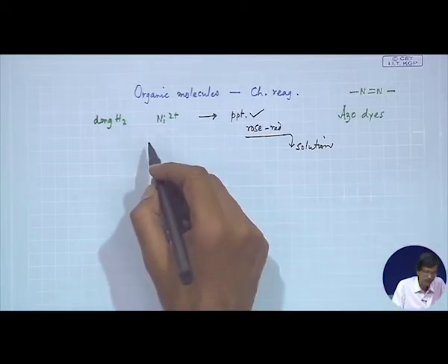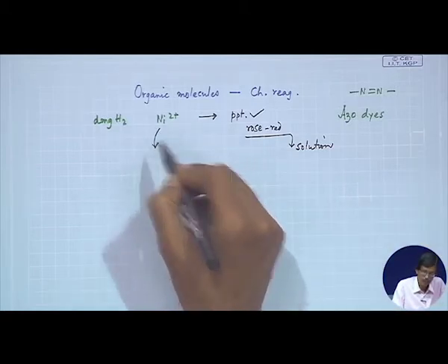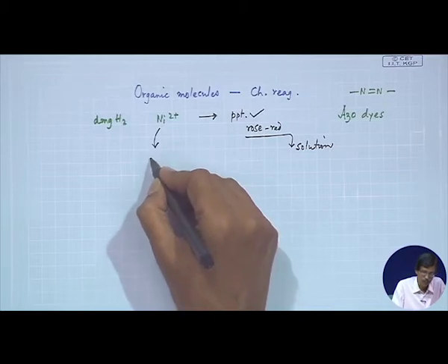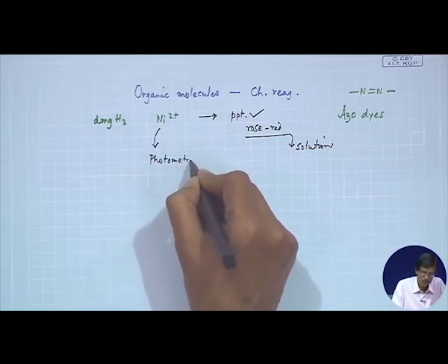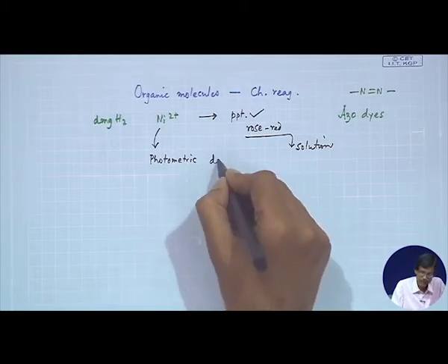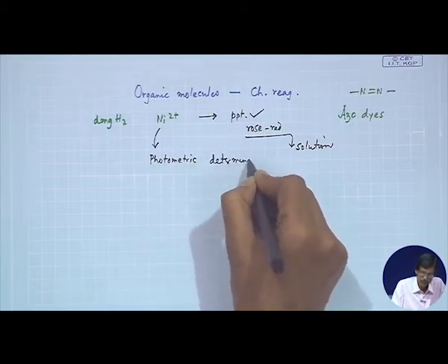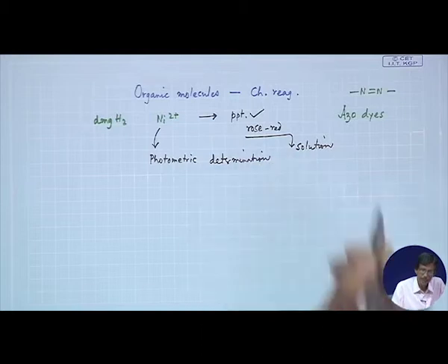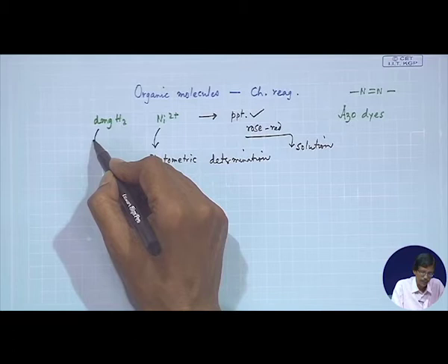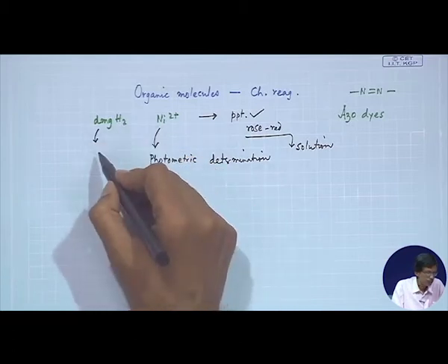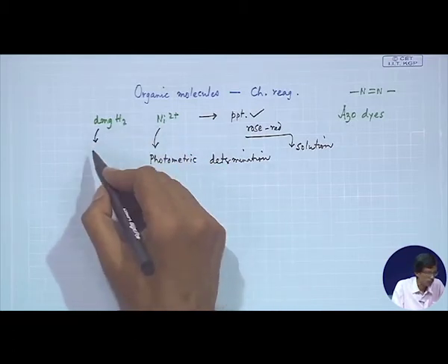So, when we get this nickel 2+ for this titration, we usually get this as a photometric determination. This DMG H2 has two dissociable protons.